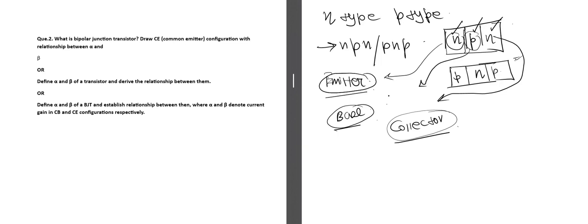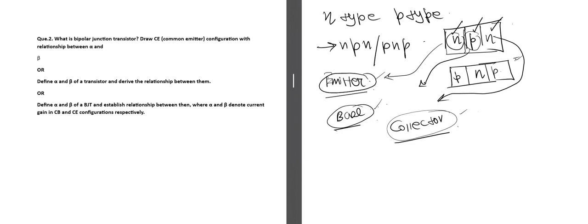But in the NPN transistor, the base is P type and the emitter and collector are N type, while in the PNP, the base is N type and the emitter and collector are P type. So this is the basic fundamental concept of the bipolar junction transistor.